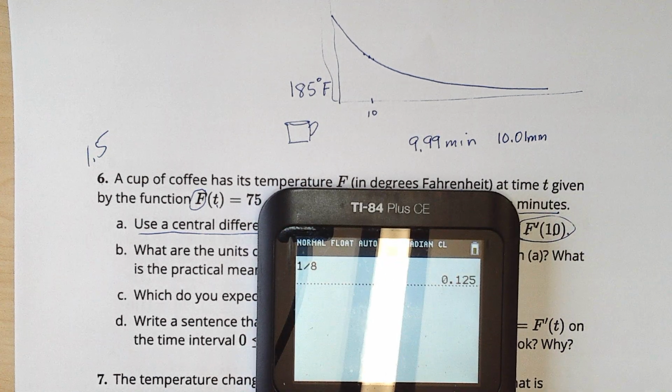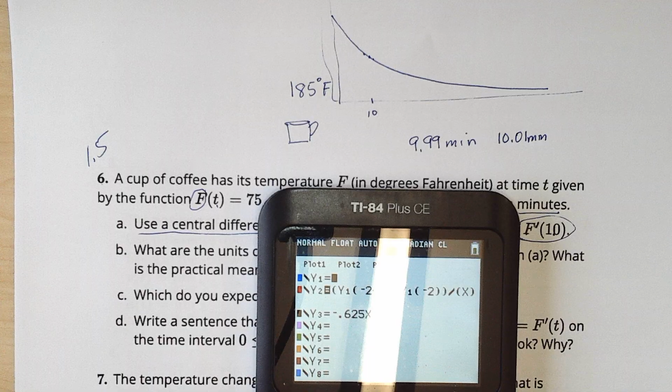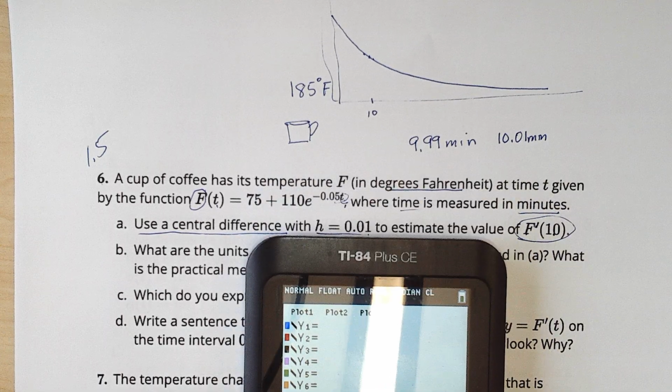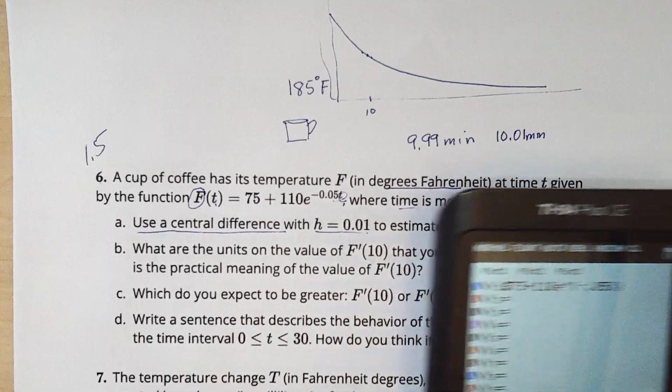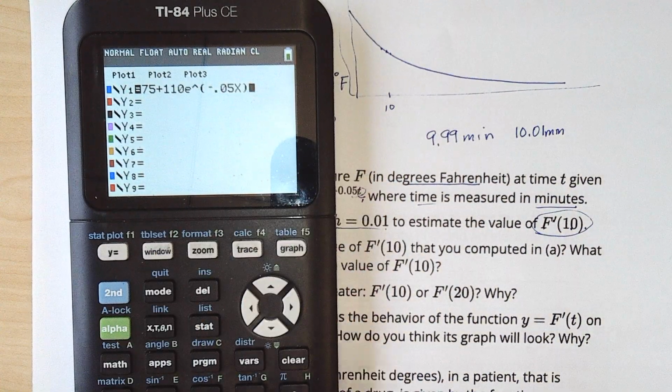So I'm going to go to my equation and type in this equation, 75 plus 110 e to the negative 0.05x. Okay, so there's my equation. There it is.